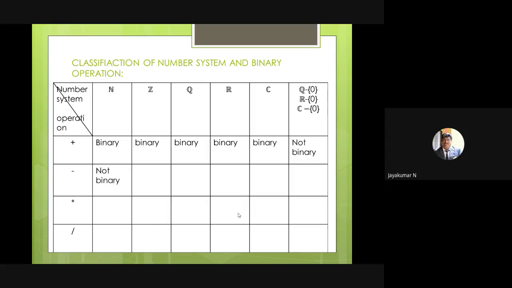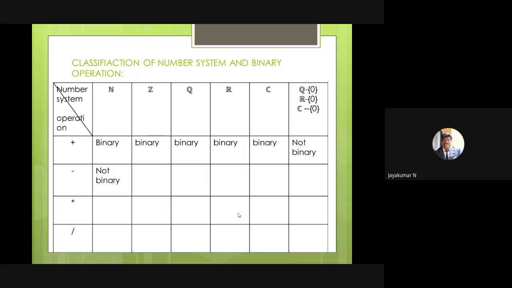Similarly for Z, is it binary or not binary? Try to prove not binary. In that case, you would need a number which does not belong to Z, that is, a fractional number, an irrational number, or a complex number.